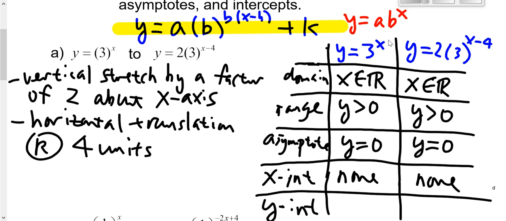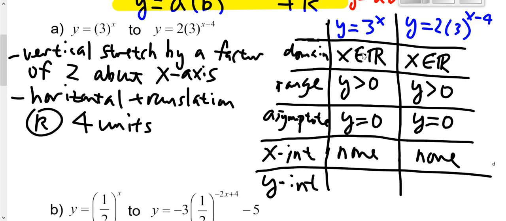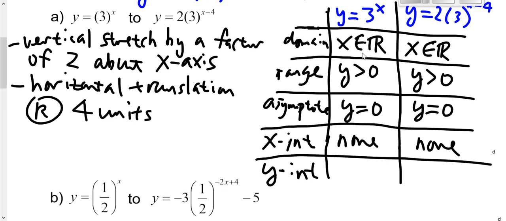If you have an exponential function written in this form, compare this. This is b, this is the exponent x. So the invisible number in front for a is 1. So that means our y-intercept is 1. Alright, just look at the example from last day.